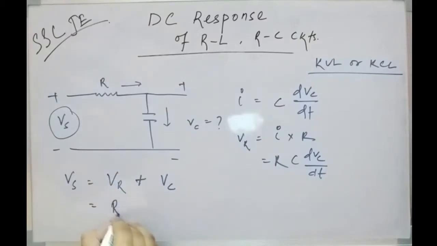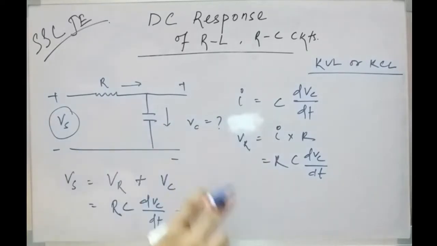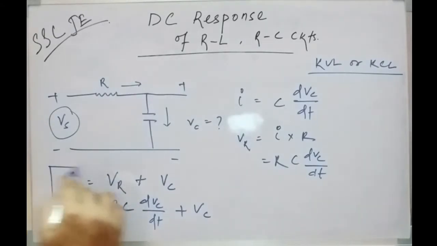VR is nothing but RC dVc by dt, so Vs equals RC dVc by dt plus Vc. This is the whole equation for the voltage.